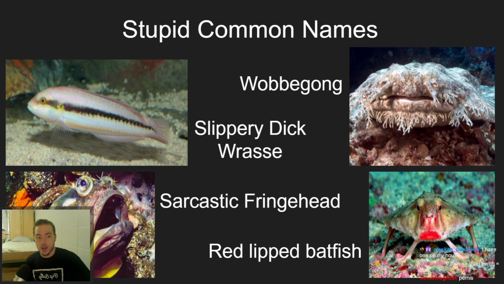We have the wabagong, the slippery dick wrasse, the sarcastic fringehead, and the red-lipped batfish. These are all real common names for fish that if scientific names did not exist, we would have to write these in scientific papers. A scientist would have to say that their study on the slippery dick wrasse was whatever.